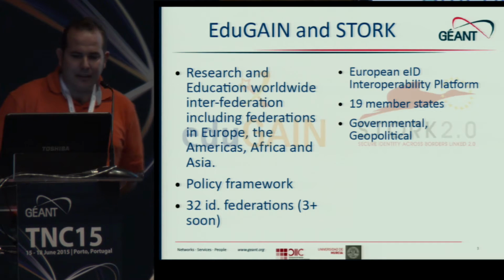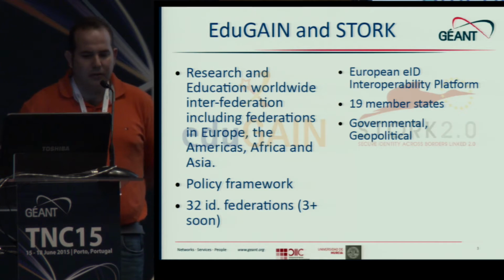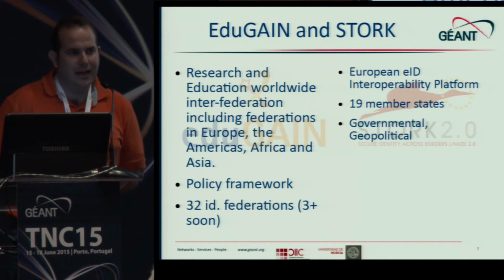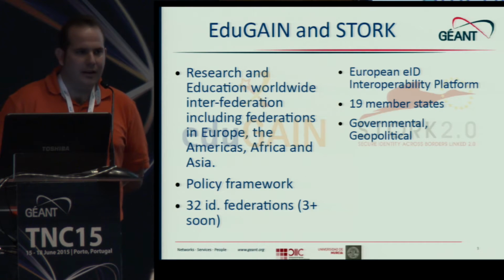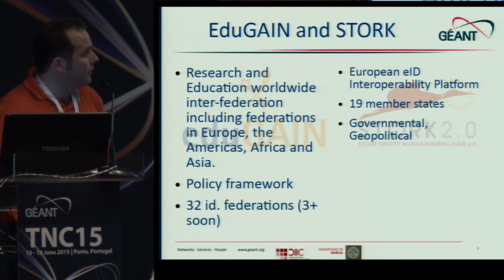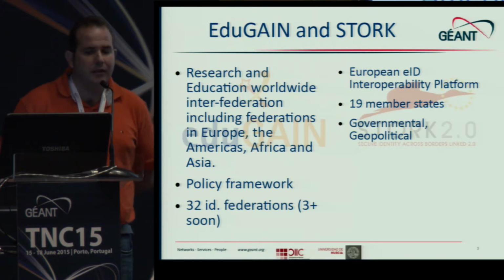So basically, here we have eduGAIN, which is a research and education worldwide inter-federation, present in Europe, the Americas, Africa, Asia. It's a policy framework with 32 federations and 3 which are coming soon. And in front of that, we have STORK, which is aimed to be the European e-identifier interoperability platform, integrated by 19 member states.